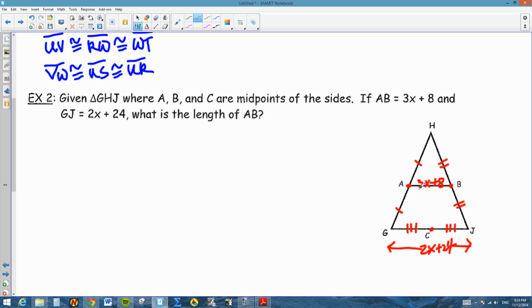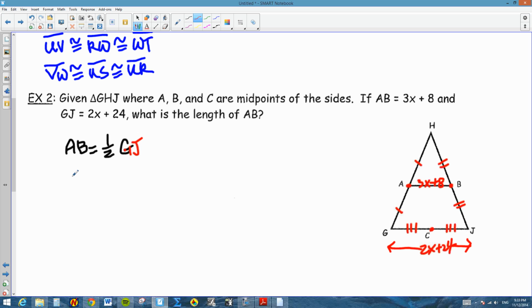So what's the relationship between AB and GJ? By definition, when you connect two midpoints you get a midsegment, and by the midsegment theorem, your midsegment will be half of GJ, or GJ equals double that. So we write the equation: AB is equal to 1/2 of GJ.